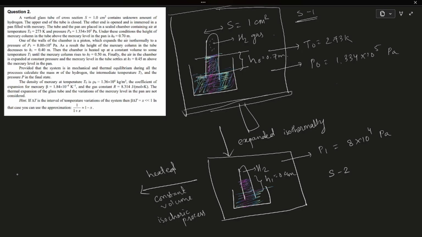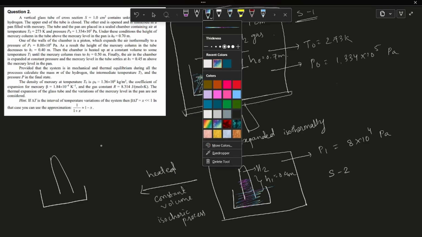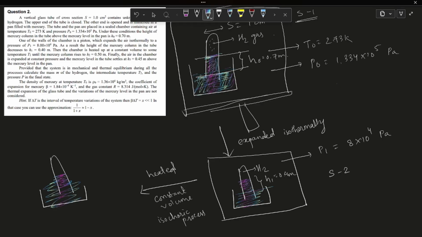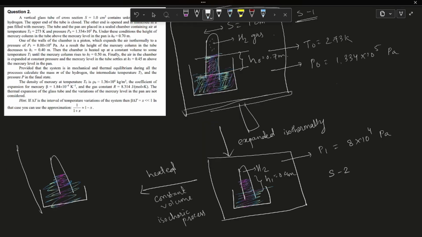After this, this is the pan, this is the tube, here it is mercury, this is the chamber.